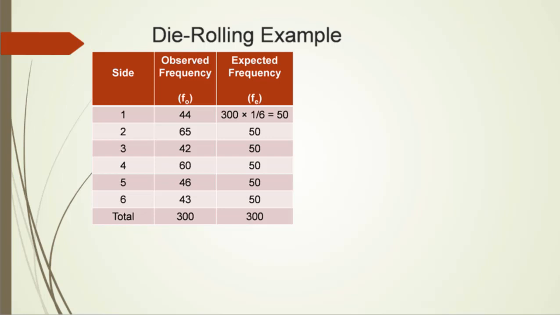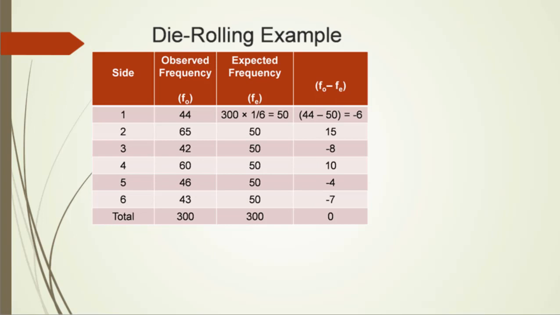We would also expect 50 rolls would turn up to be side 2, and 50 rolls to side 3, and so on and so forth. I would call the observed frequency column F with a subscript 0, and the expected frequency column F with a subscript E.